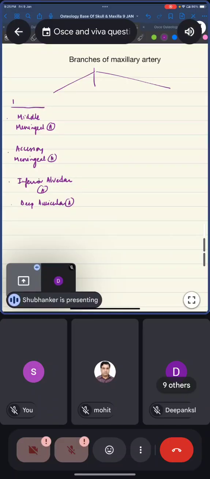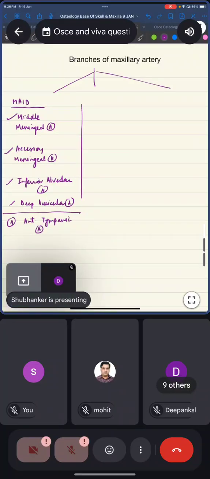Okay, this you can remember by the mnemonic of MAID, M-A-I-D. Okay, M is for middle meningeal artery, A is for accessory meningeal artery, I is for inferior alveolar artery, and D is for deep auricular artery. Apart from that, there is one extra in this. This is anterior tympanic artery. Okay.